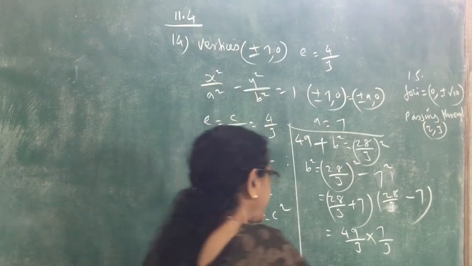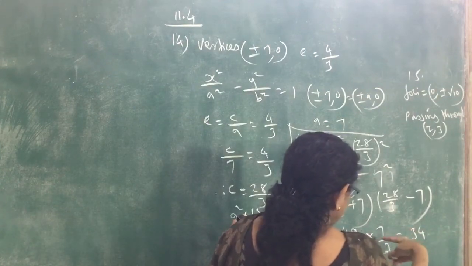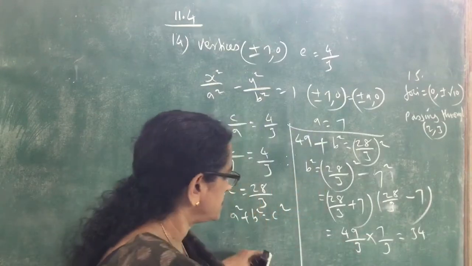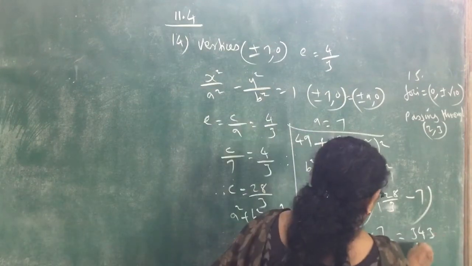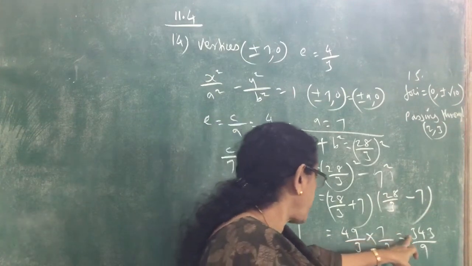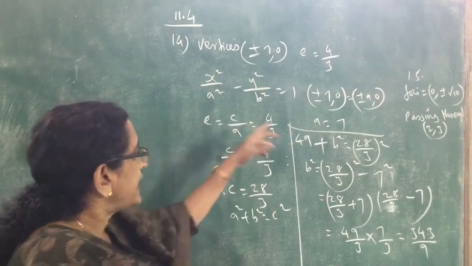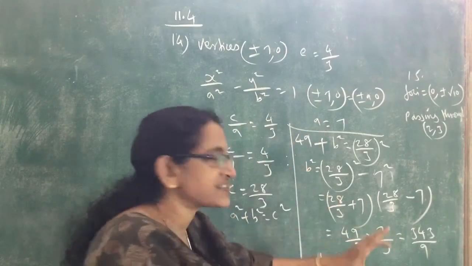That is 49 into 7, 343, and 3 into 3, 9. So 343 by 9 is b square. So we got a is 7, b square is 343 by 9.